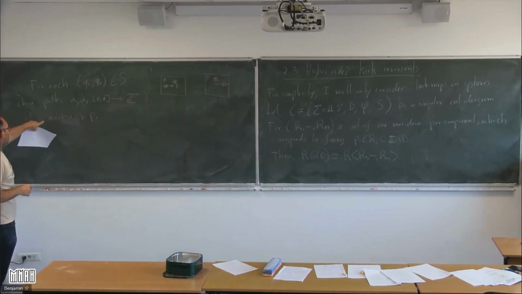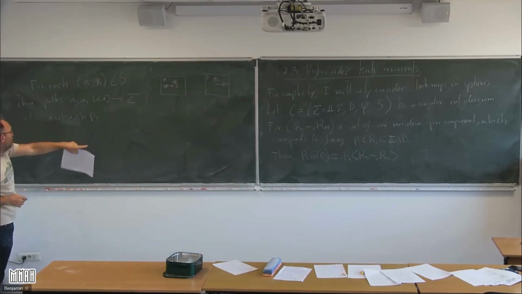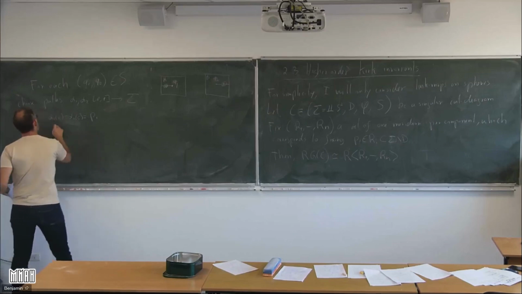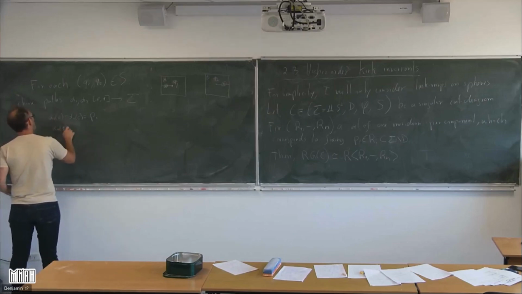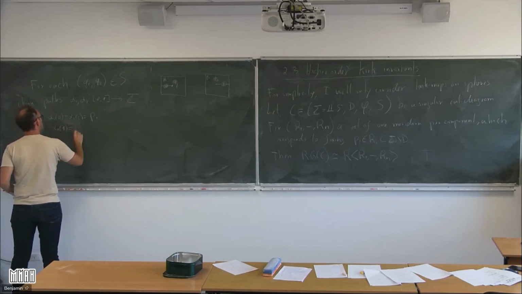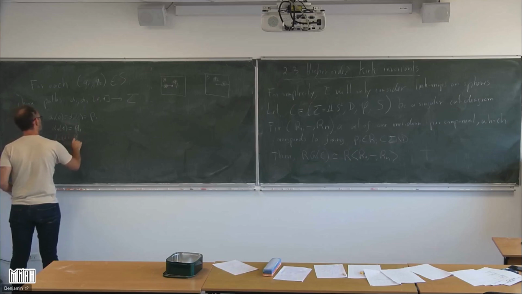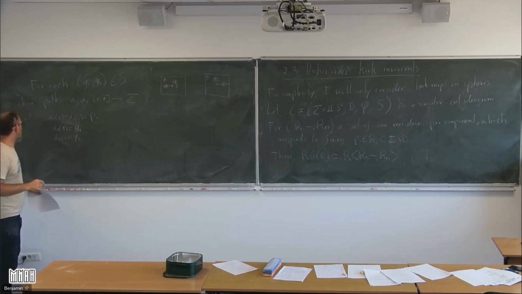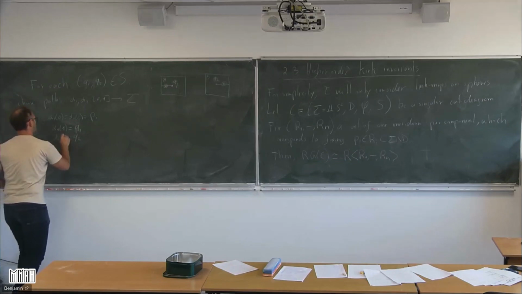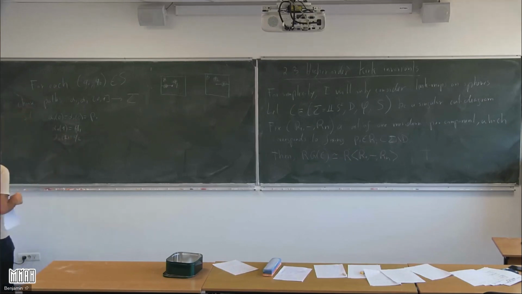So my two paths, they are both starting at the base point. But alpha 1 is ending at Q1, and alpha 2 is ending at Q2.